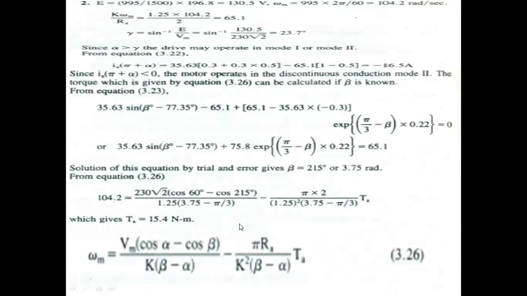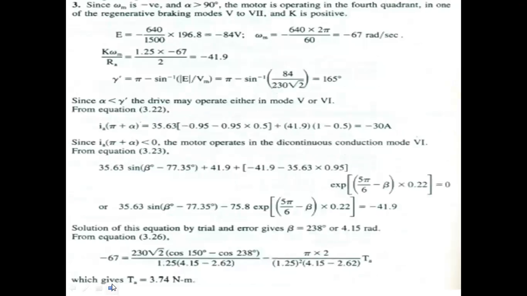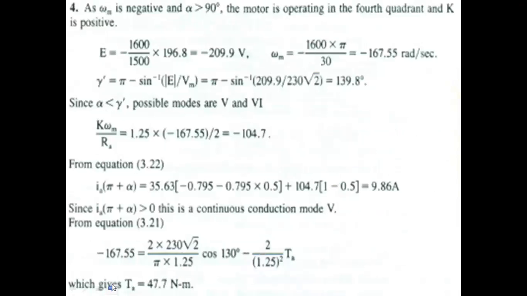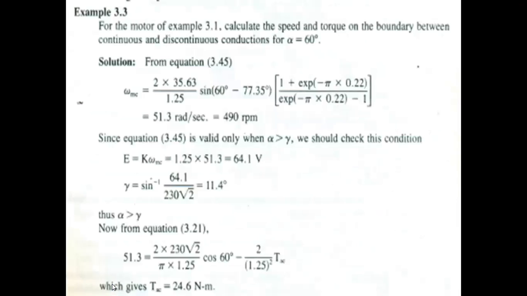Now we have to substitute all the values. Omega m equals Vm by K, cos alpha minus cos beta by beta minus alpha, minus pi R a by K squared into beta minus alpha, times Ta. Applying the sine of alpha minus beta plus 1 expression in this formula, you will see that omega mc equals 51.3 radians per second.